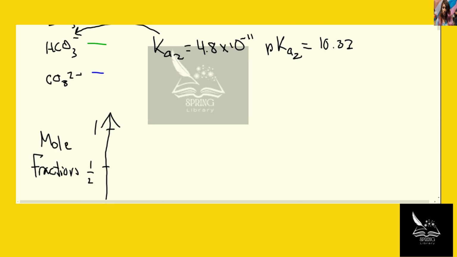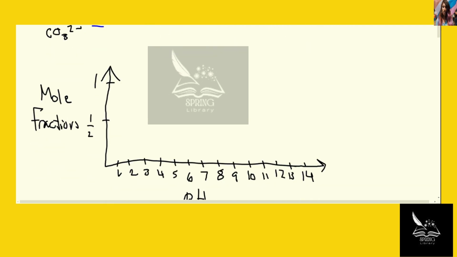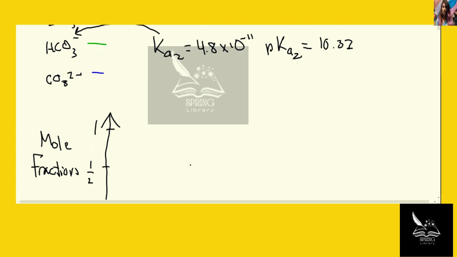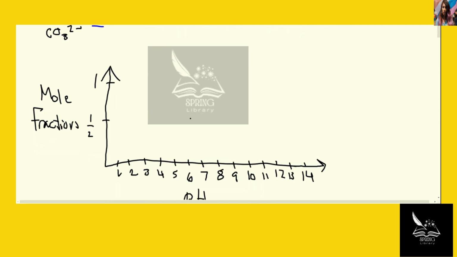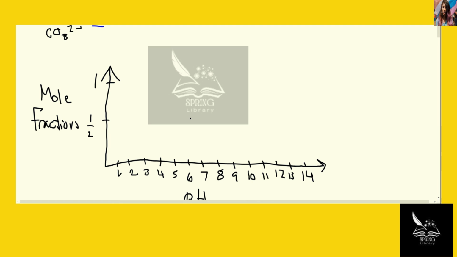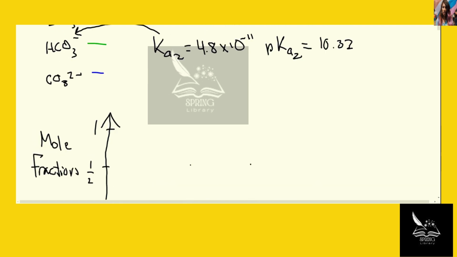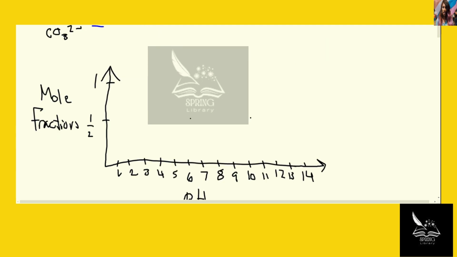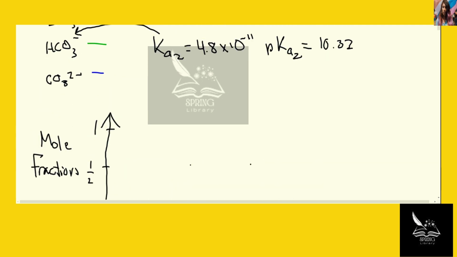So at a pH of around 6.4, the carbonic acid and bicarbonate will be in equal concentrations. And then at 10.3 is when the bicarbonate and carbonate will be in equal concentrations.